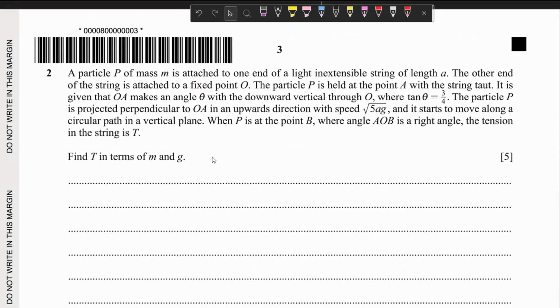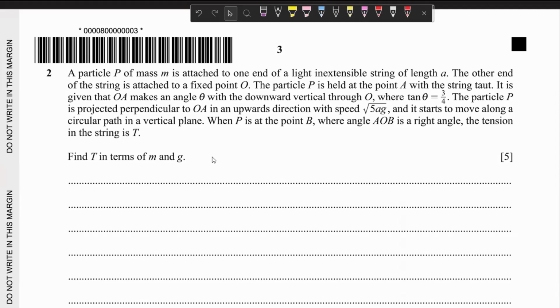On question 2, it says a particle P of mass m is attached to one end of a light inextensible string of length a. The other end of the string is attached to a fixed point O. The particle P is held at the point A with the string taut. It is given that OA makes an angle theta with the downward vertical through O, where tan theta is equal to 3/4.